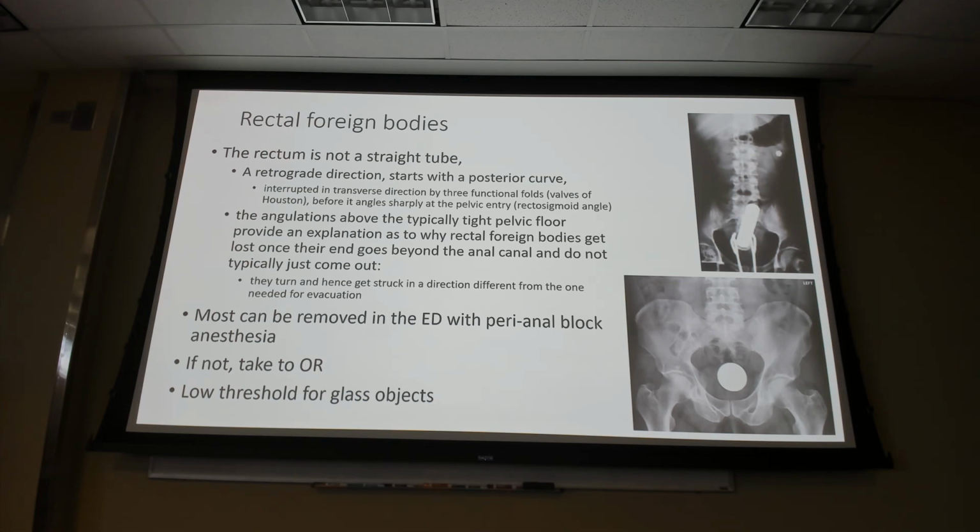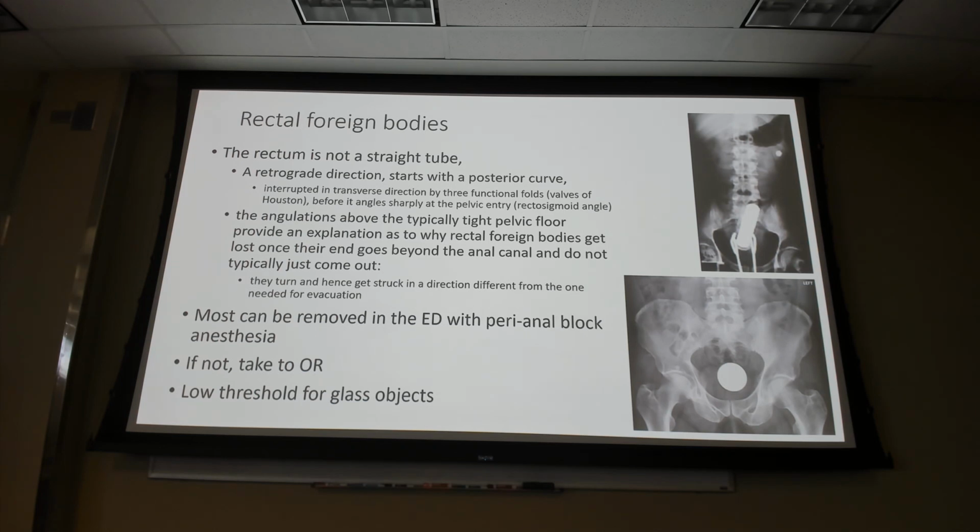Usually we'll do a CT scan, and that helps guide us on whether this is something we can remove acutely in the ED, or whether they need to go under anesthesia for it. Unfortunately, once it's in there, you have a negative suction that can be very difficult to overcome. So that's why they'll need anesthesia and be taken to the OR to help relax them.